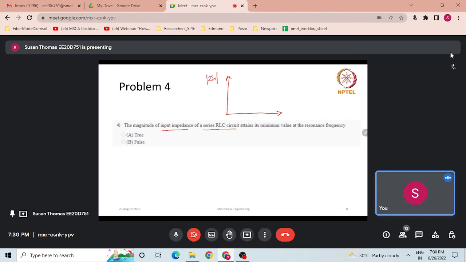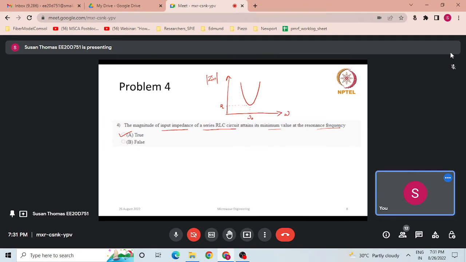I hope you remember, it used to be like this. Mod Zin versus omega is a minimum at resonant frequency, and the value of that minimum impedance is equal to R. So the question is, this magnitude of input impedance becomes a minimum at resonance. Is it a true or false statement? Yes, it is a true statement.